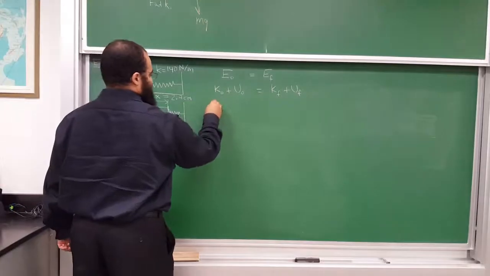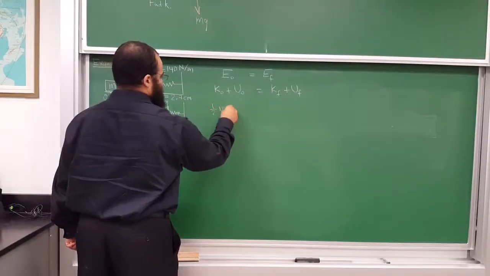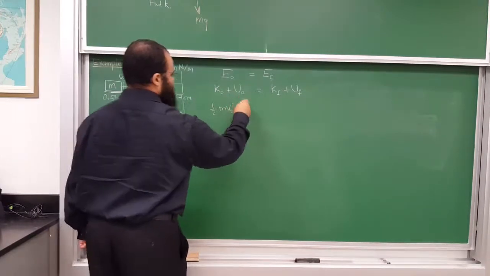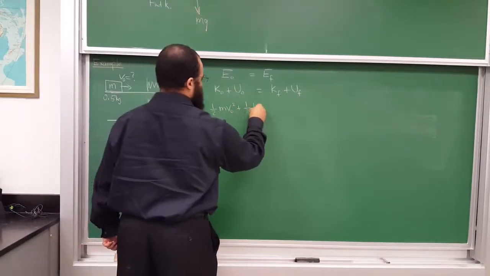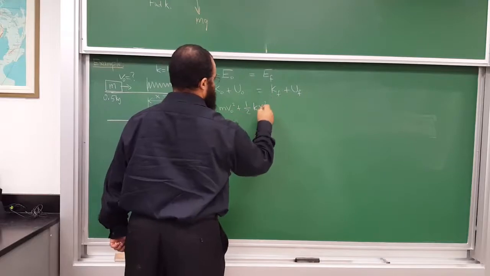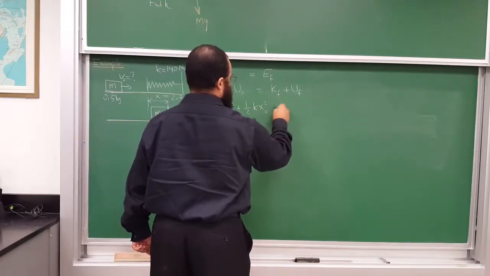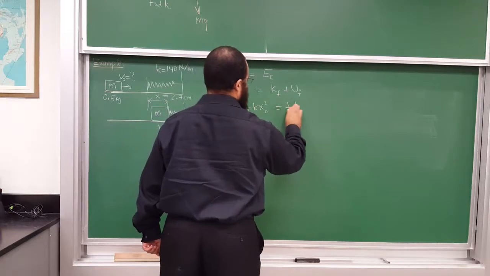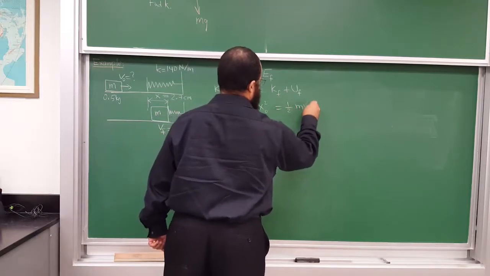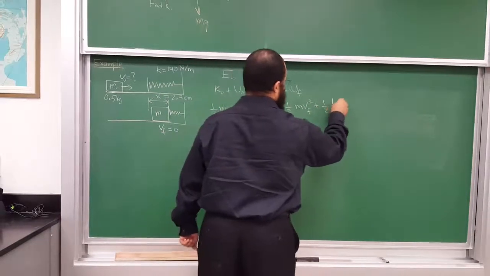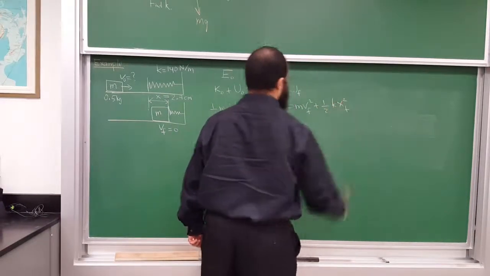The kinetic energy at the beginning is 1/2 m v at the beginning squared. The potential energy in a spring is 1/2 k x squared, 1/2 k x initial squared. And then the energy at the end is 1/2 m v at the end squared plus 1/2 k x at the end squared.